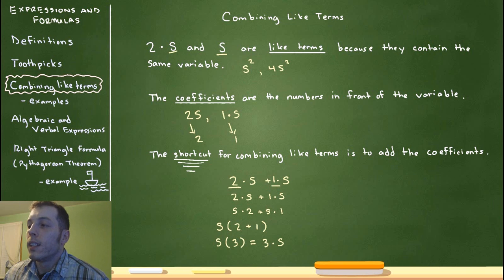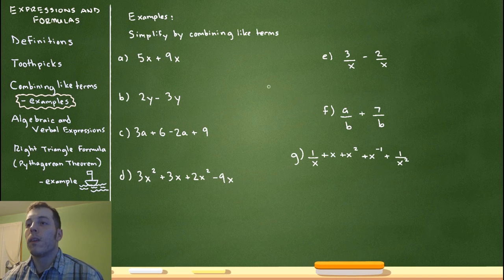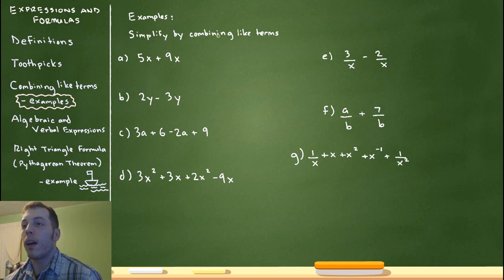So let's take a look at a few examples I have here. So we want to simplify by combining like terms. So the first one, A, 5x plus 9x.